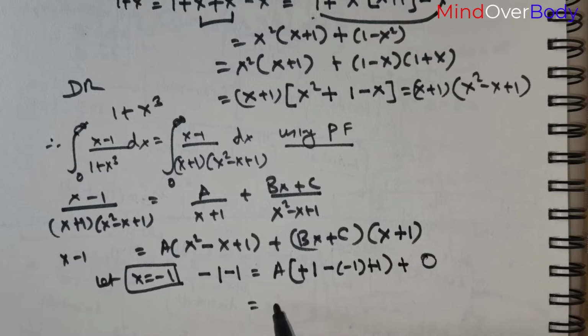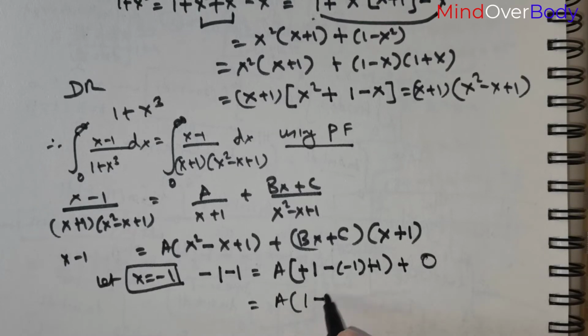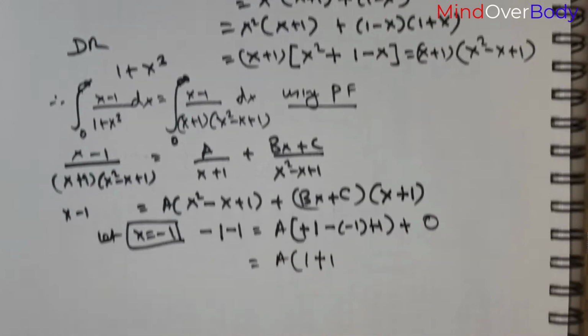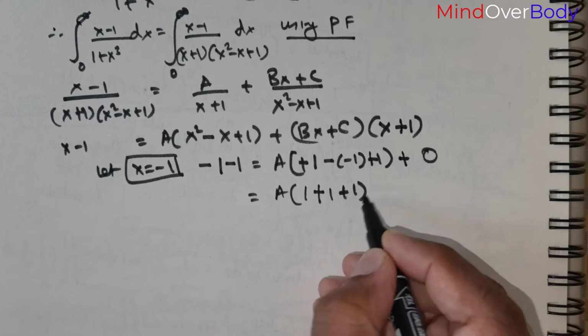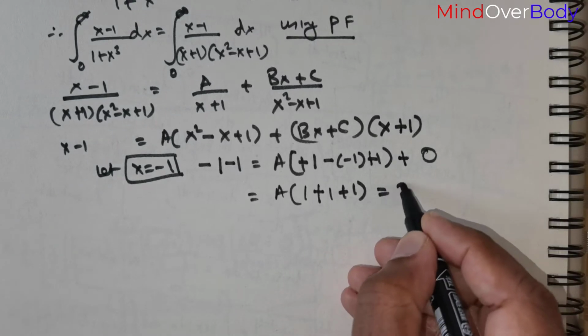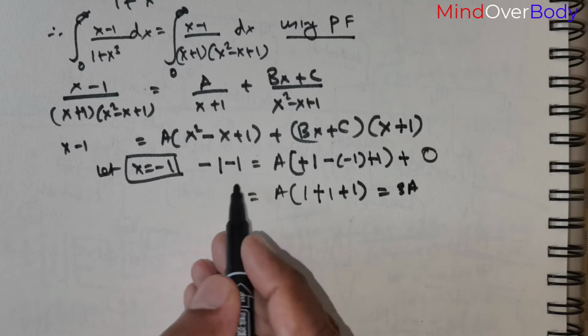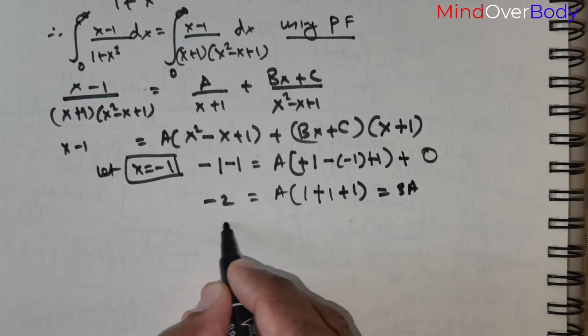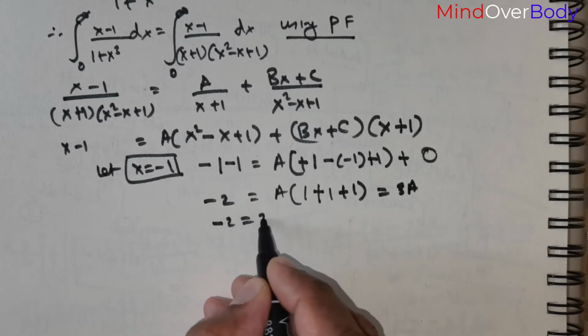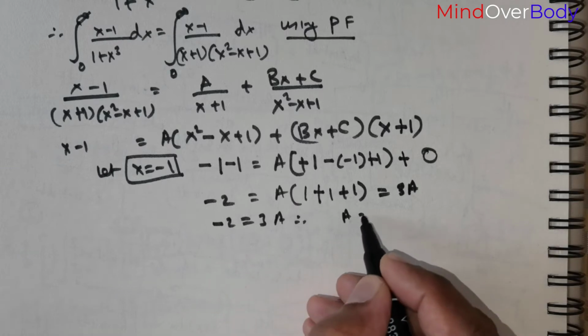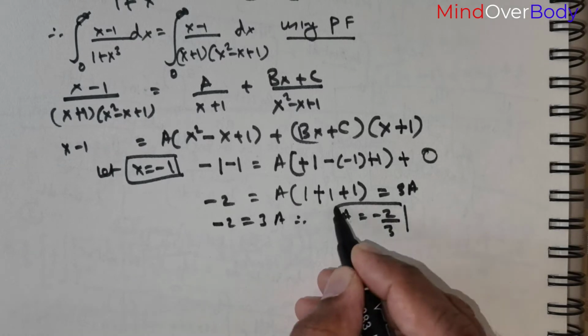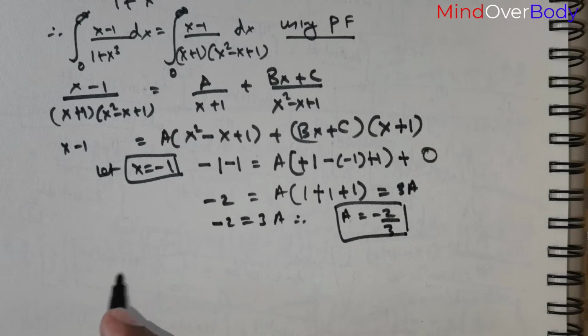So this is going to be A times (1 + 1 + 1), which is equal to 3A. On the left hand side you get -2. So therefore -2 is equal to 3A. So A is going to be -2/3. So this is the first value we have got.